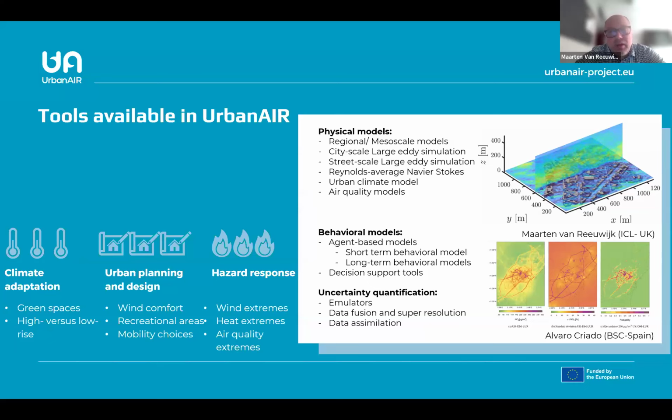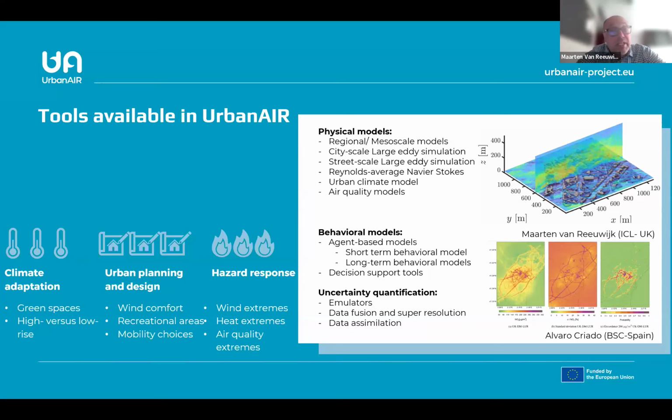Within UrbanAIR, we've got a large number of tools available. We've got physical models: regional and mesoscale models. We already saw a little bit about these. These are, for example, the mesoscale models that branch off from the extremes digital twin and provide high resolution forecasts at 200 to 500 meter resolution.